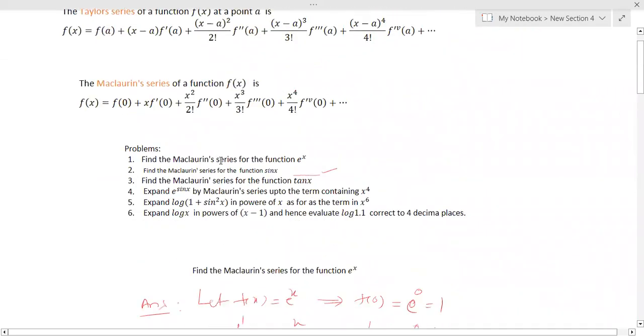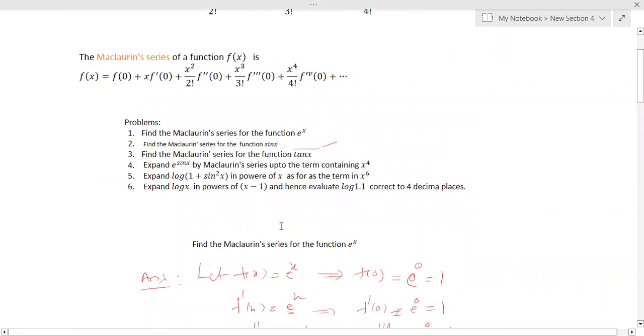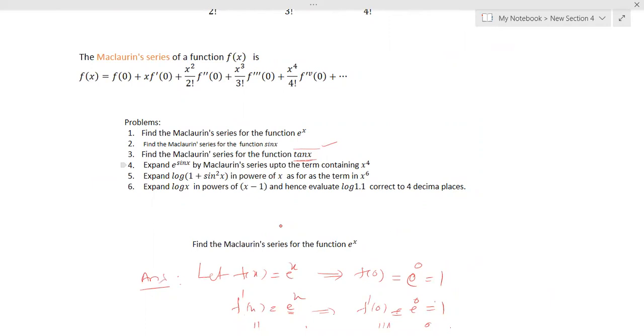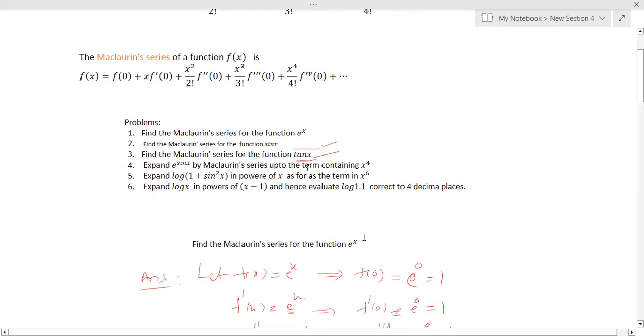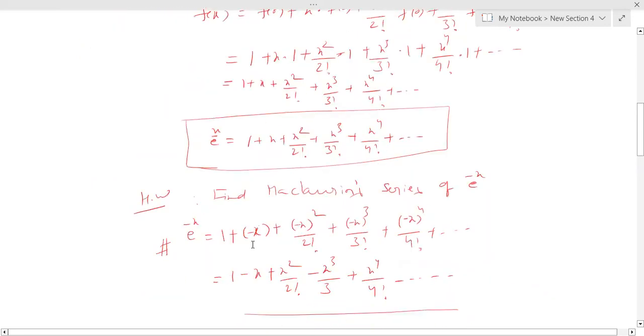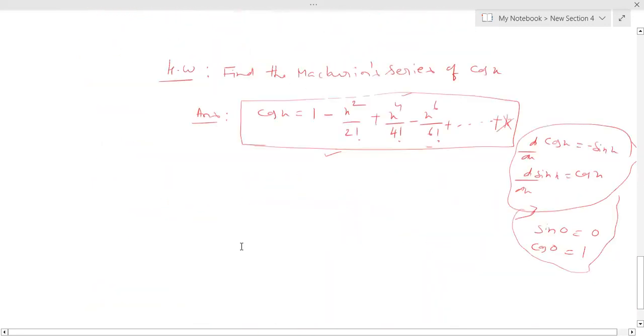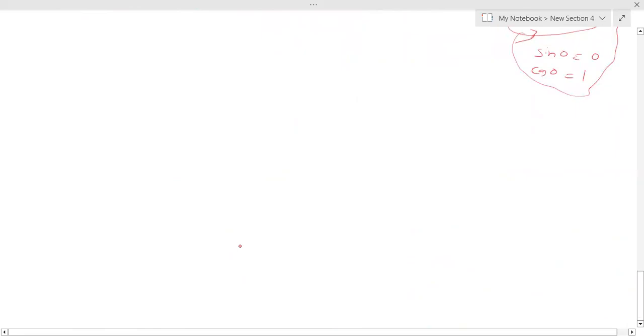Two problems are over from our set. Next is tan theta. It takes some time because the tan theta derivative is a big task. The previous problems' derivatives are easy. Third problem from our set: tan x.